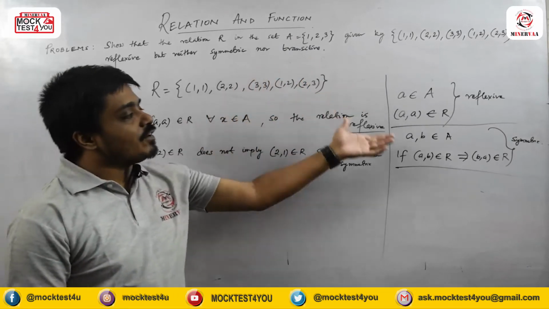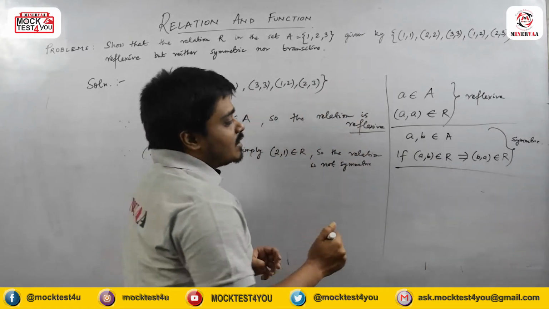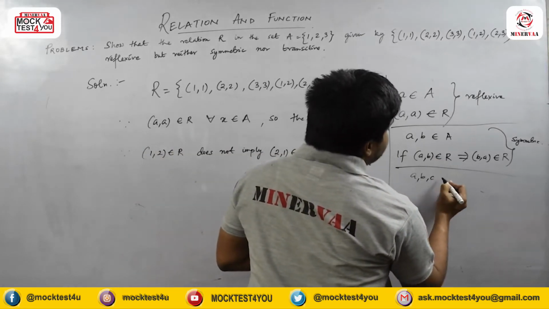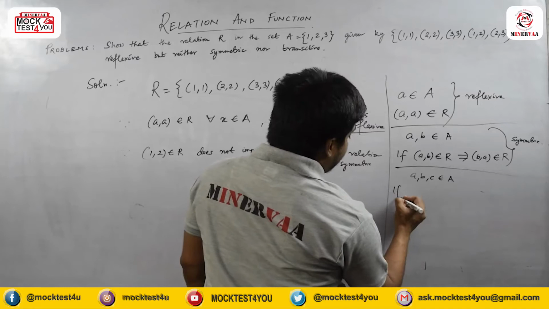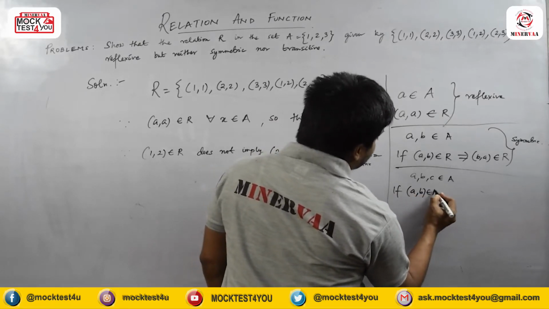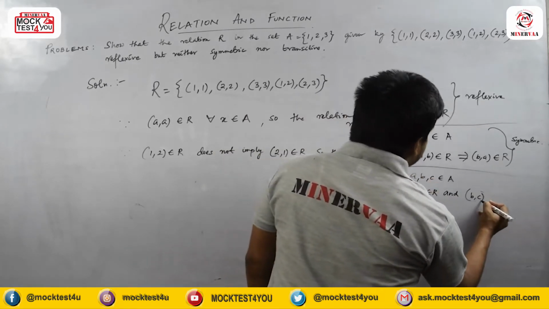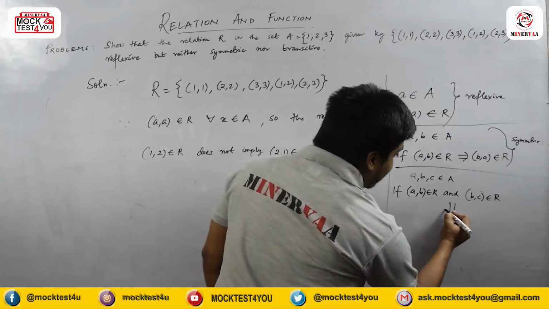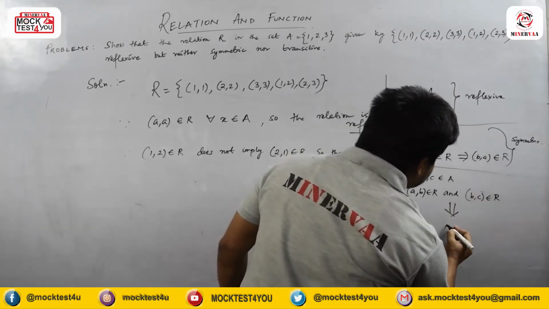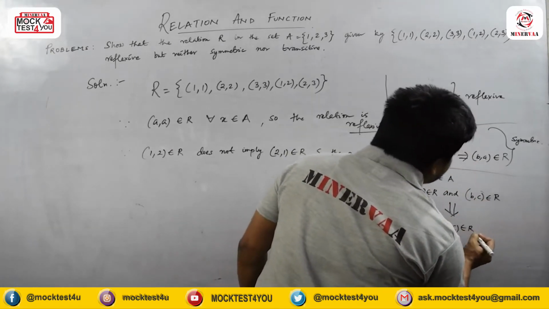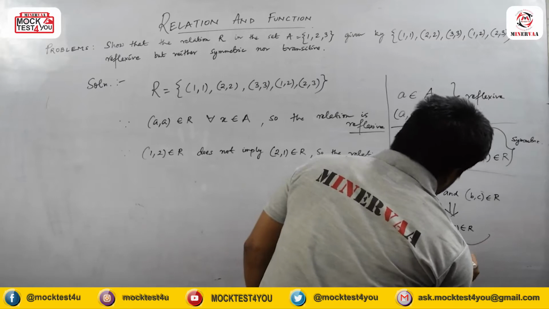In order to know transitive, first we need to know the condition followed by transitivity. In transitive, I will pick three elements, let us say a, b, c, which are elements of the set A. The condition for transitive is: if (a, b) is an element of R and (b, c) is an element of R, both these conditions having to be satisfied, then both imply that (a, c) element of R. If this is true, then we can say that the relation is transitive.